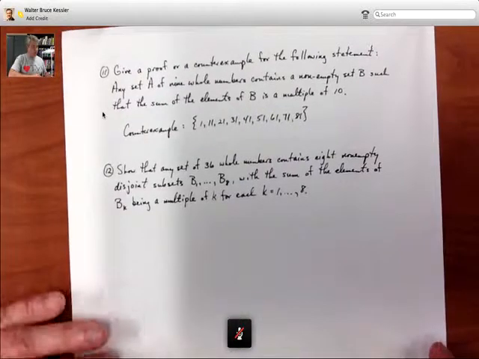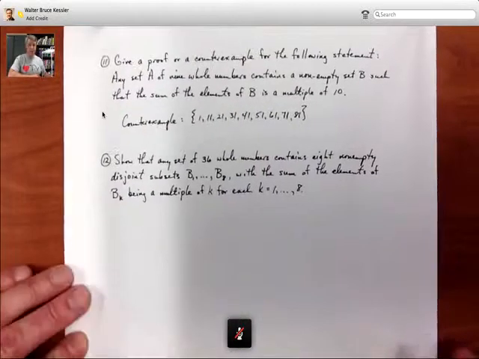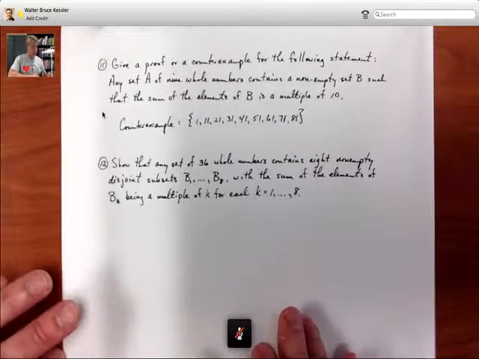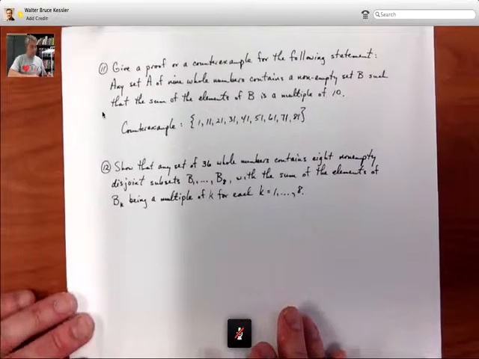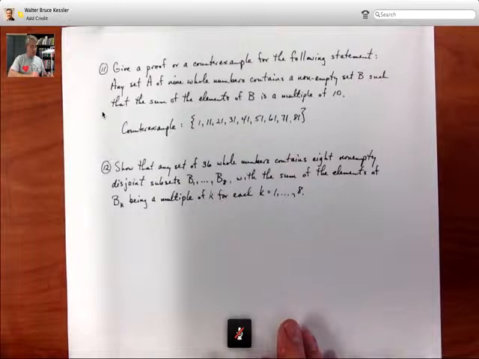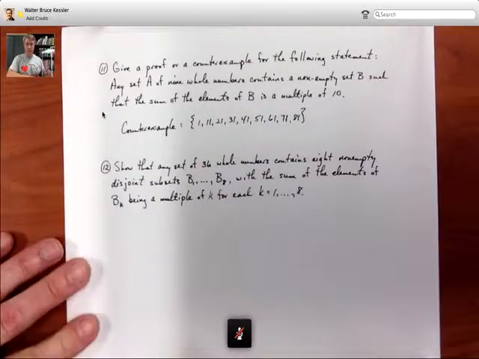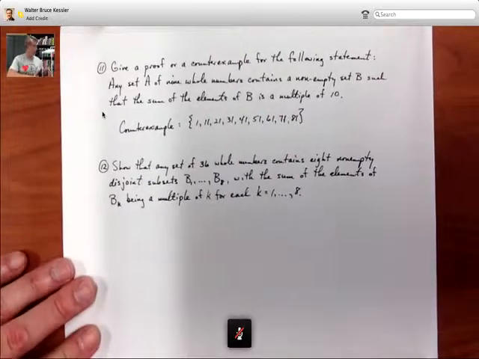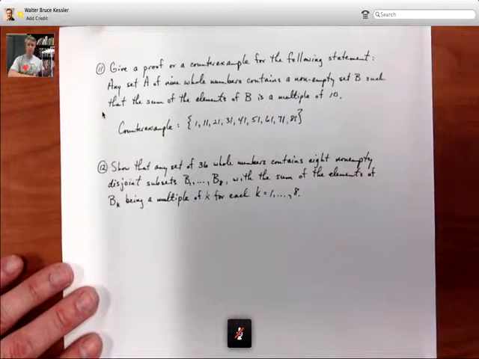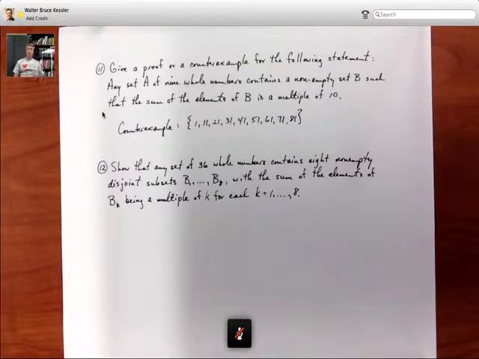12 says show that any set of 36 whole numbers contains 8 non-empty disjoint subsets B1 through B8, with the sum of the elements of B sub k being a multiple of k for each k 1 through 8. Well, basically the stunt we just used for 25 would work for n, right? We could always do that stunt.